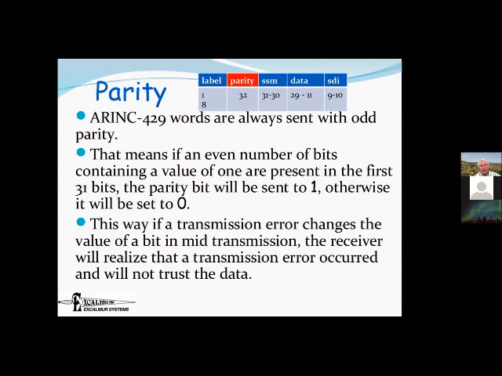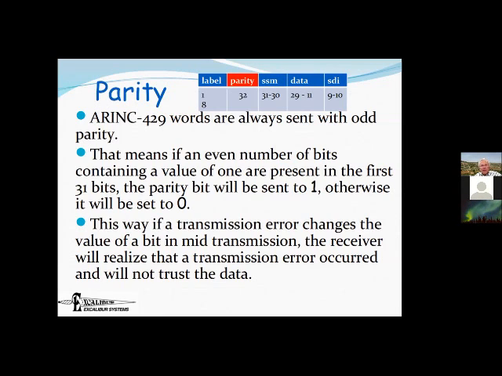If there are an even number of ones within those 31 bits, then I'm going to write a 1 to the parity bit. If there are an odd number of ones, then I'm going to write a 0 to the parity bit. And that way, if you count up all 32, including the parity bit, you're guaranteed to get an odd number, which is why it's called odd parity.